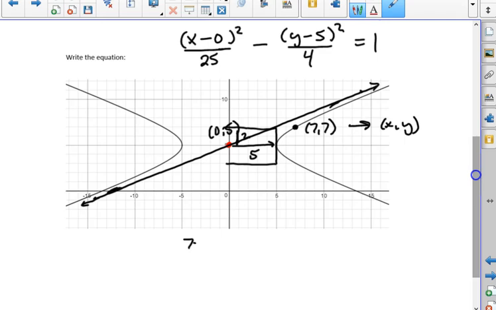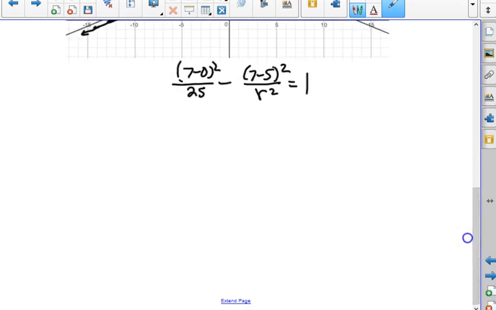So I'm going to say 7 minus 0 squared over 25 minus 7 minus 5 squared over, this is my unknown number, so I'll just call it r for radius. I can call it whatever I want to, equals 1. And I'll call that r squared because that's going to be my radius squared. Okay, so that would be 49 over 25 minus 4 over r squared equals 1.